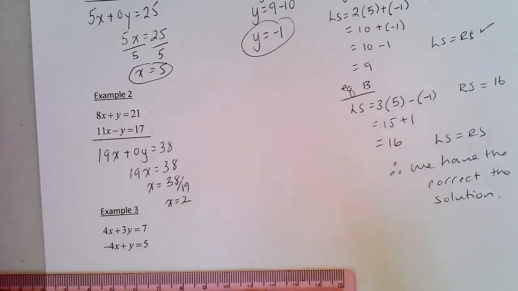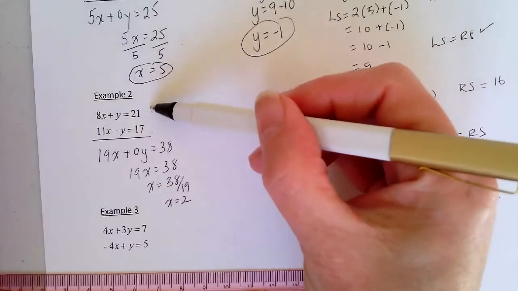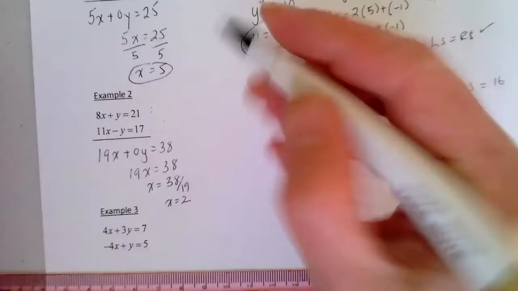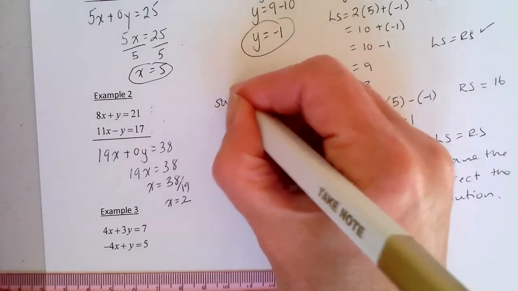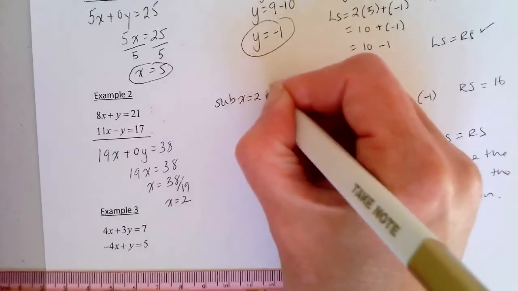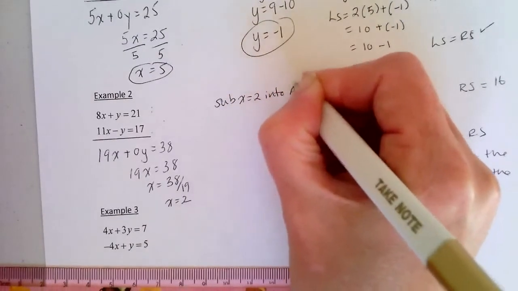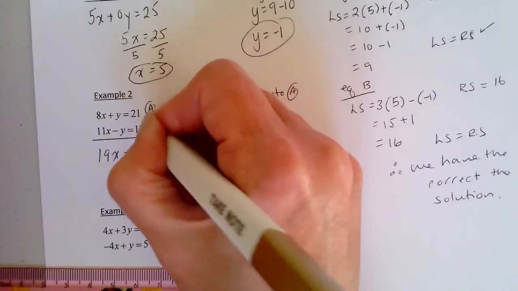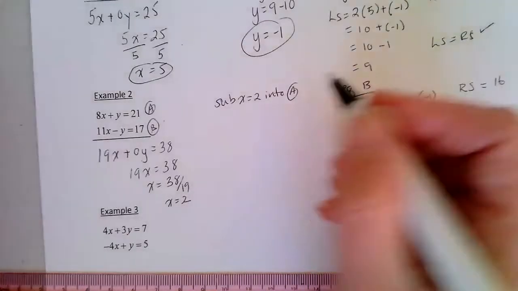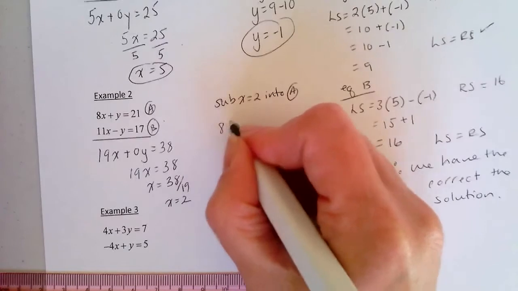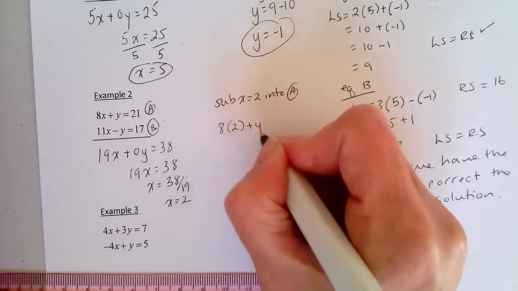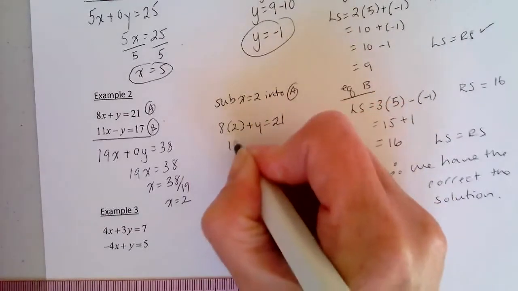To find the y counterpart, you can substitute into either A or B. I'm going to substitute x equals 2 into equation A. I'm going to call this one A and this one B. So that'll be 8 bracket 2 plus y is equal to 21.